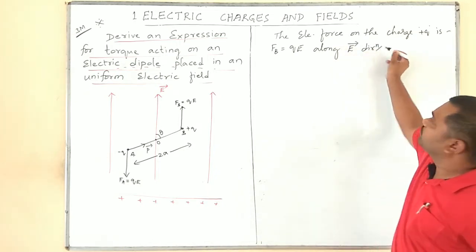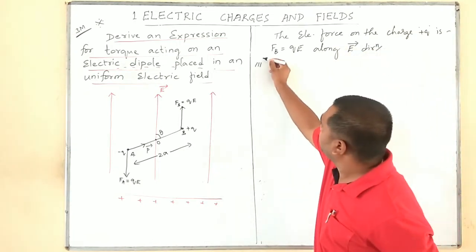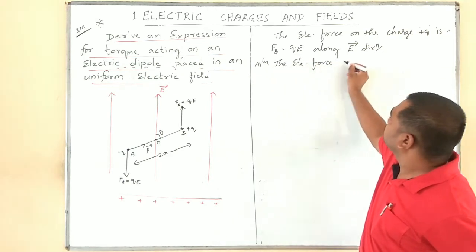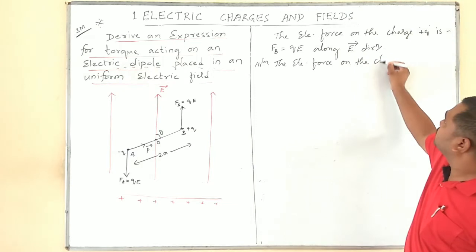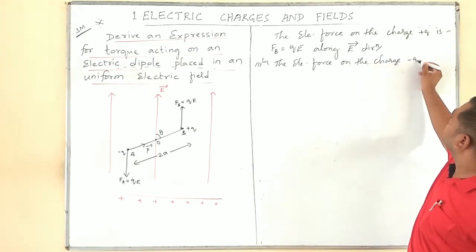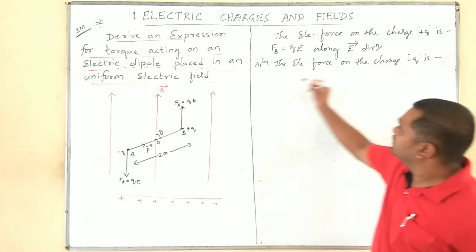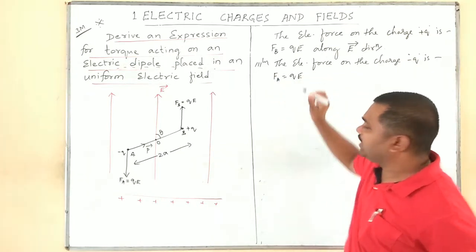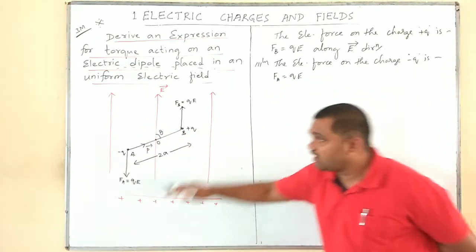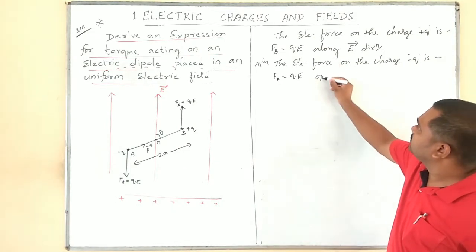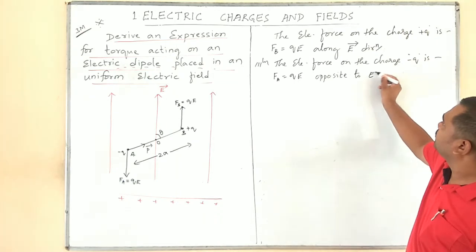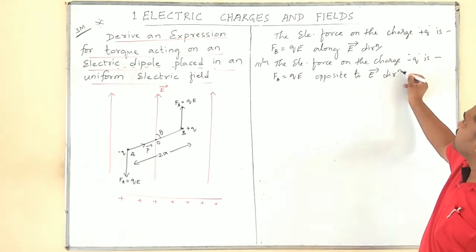Similarly, the electrical force on the charge minus Q is FA equals the same QE, but opposite to the electric field direction.